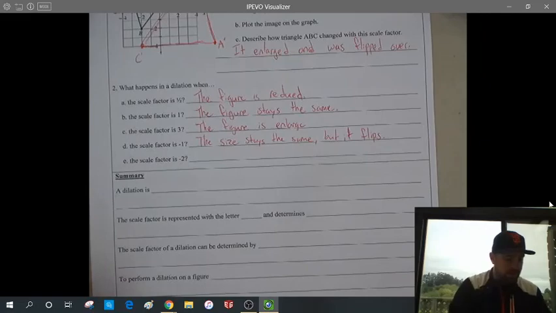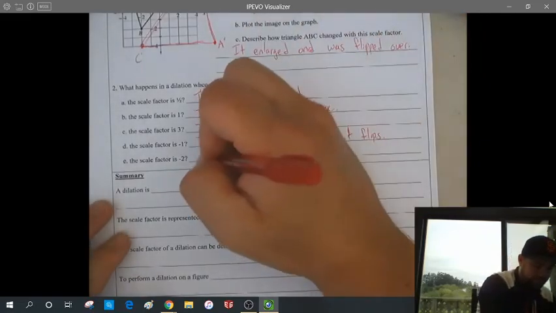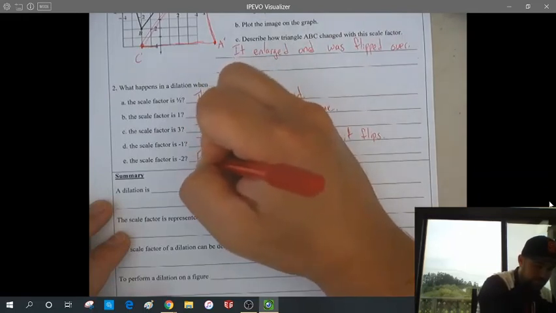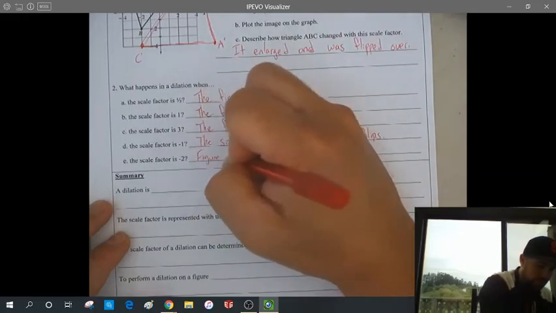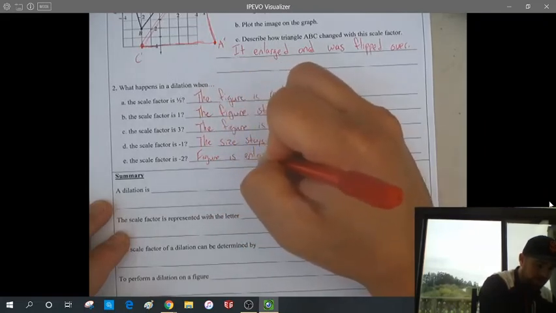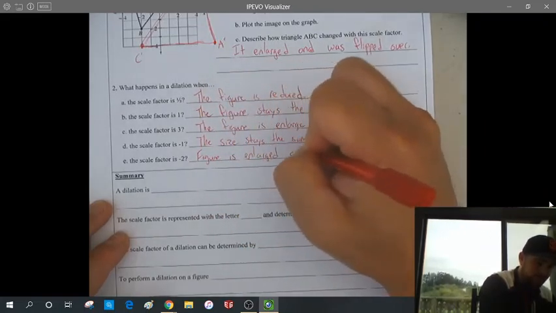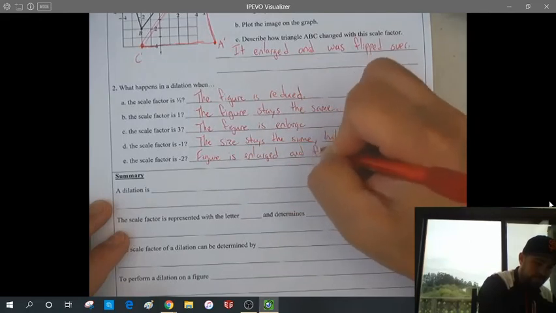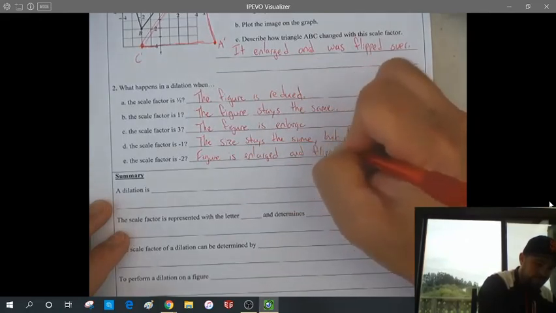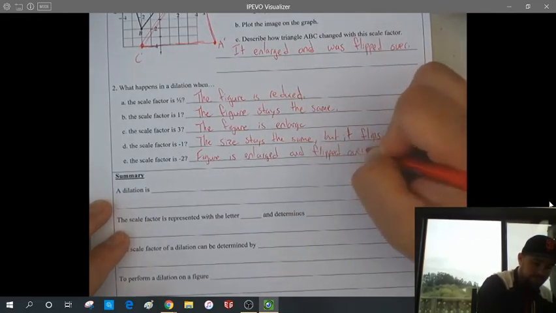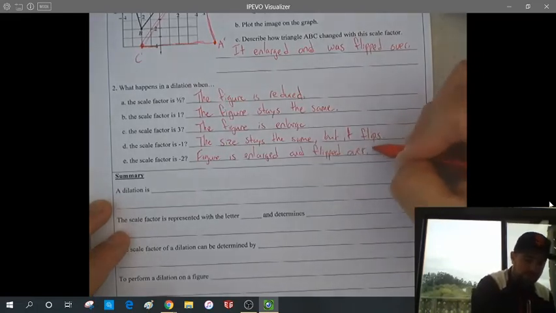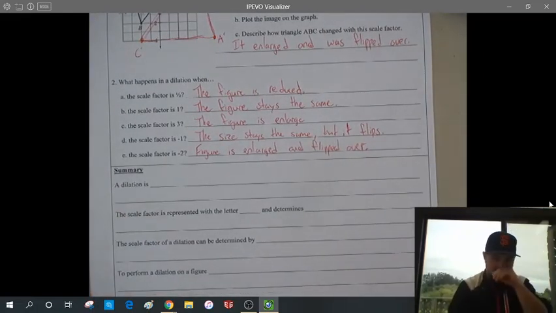The scale factor of -2, so that would be, as we just did up above, figure is enlarged and flipped over, or a better word to use there would probably be inverted. It's similar to rotating like 180 degrees as well.